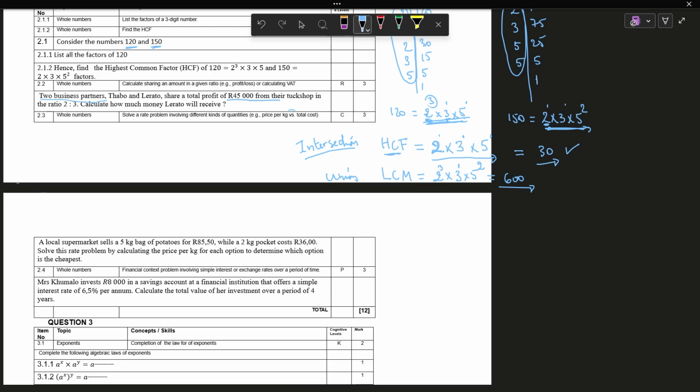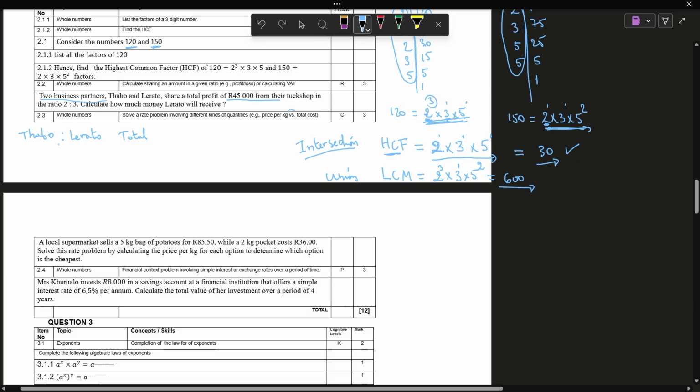So what can we just use this space? So that means we have, let's just say, Tabo to Lerato, and then here you have their total.